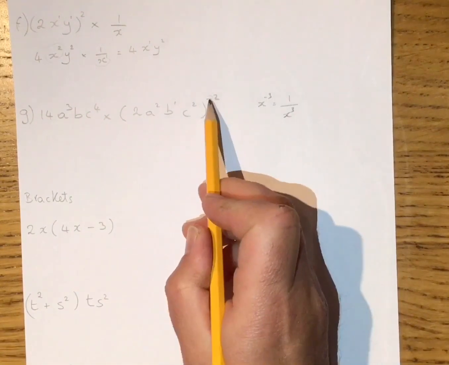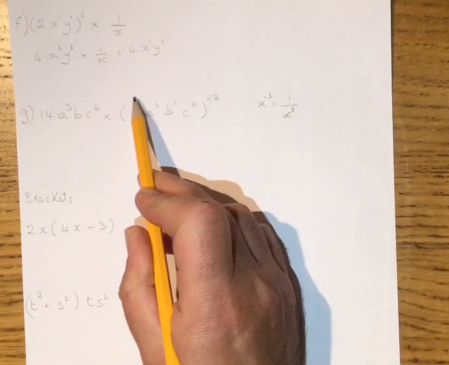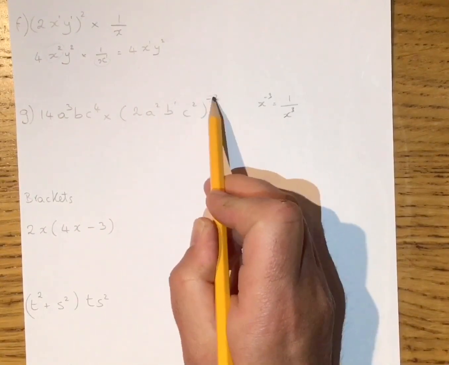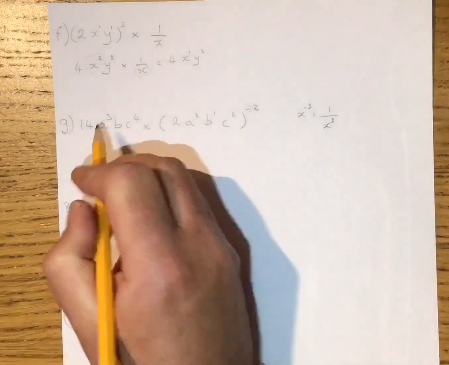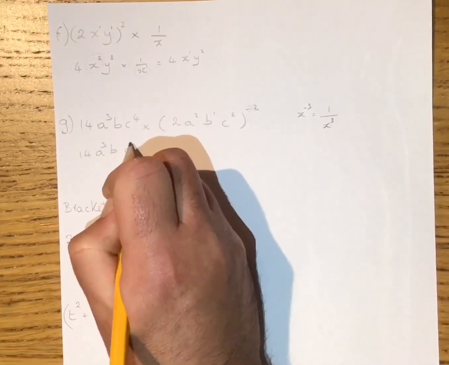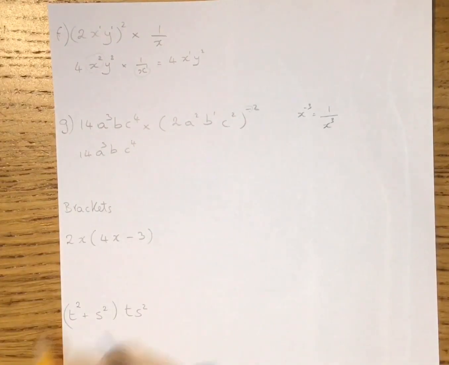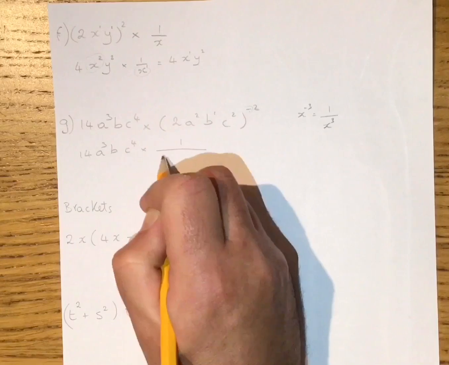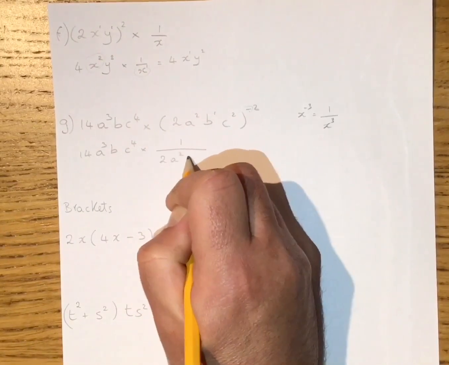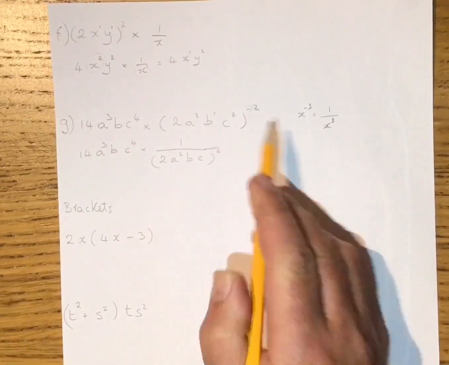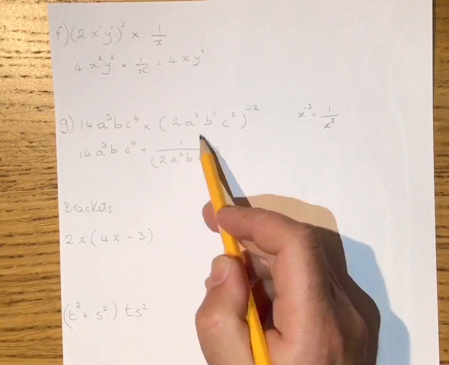Because there is a minus here, we're going to put 1 over all of this to the power 2. So we have 14a cubed bc to the power 4 times 1 over all of that. So the minus 2 became positive, and it became a denominator.